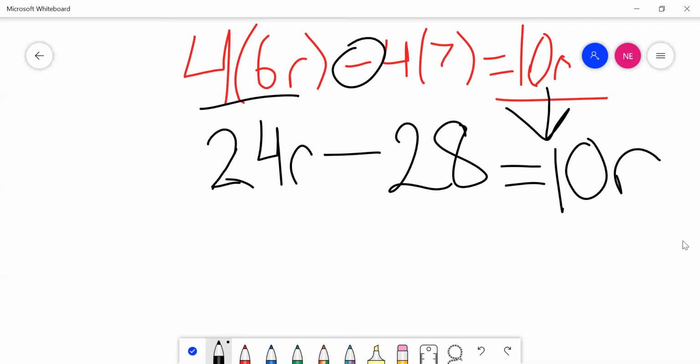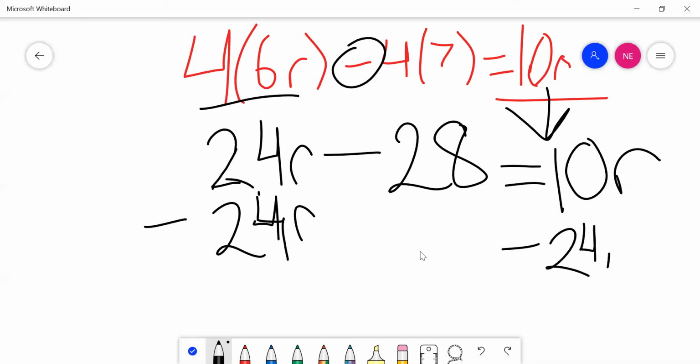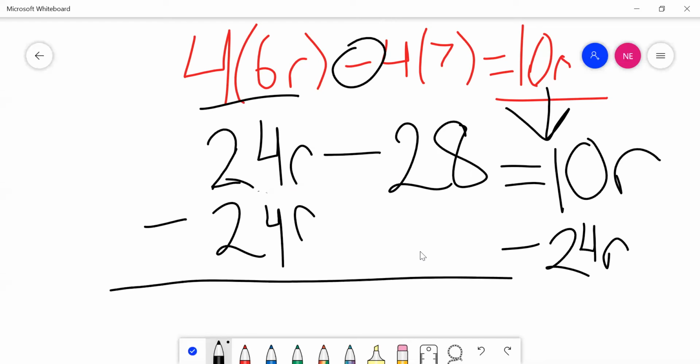So how you would do that is you would have to subtract 24r on both sides. That says 24r, I'm sorry about that handwriting. 24r. And then you would have to subtract on both sides of the equal sign. And then you would have to eliminate this side because you're using the same numbers twice.